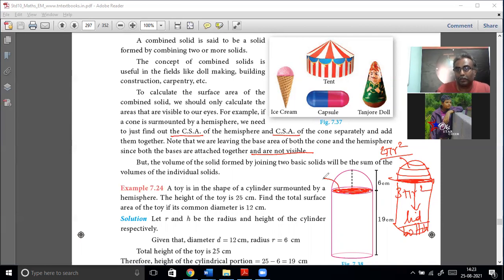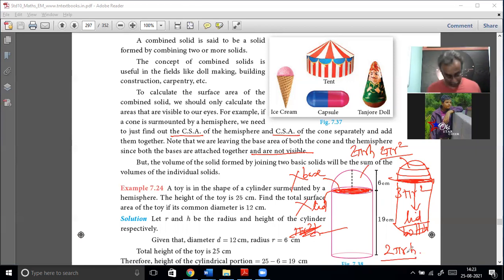Correct? So whether you take the base of the hemisphere or the lid of the cylinder, it should not be considered. Okay, so only 2 pi r h you must take, and for volume you must take pi r squared h.